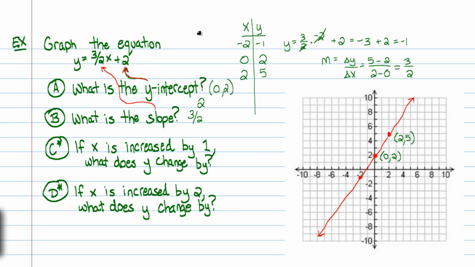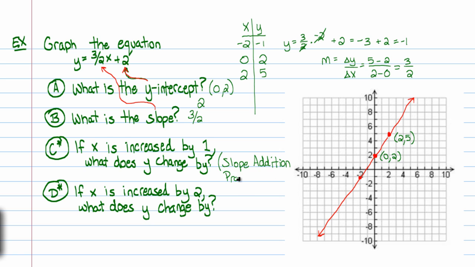Now going back to our example, I just want to mention the last two items here. If x is increased by 1, what does y change by? The reason I'm asking this question is because I think it's good to review every once in a while. If x is increased by 1, so let's say we start at x equals 0 and we go to x equals 1, what does the y value increase by? Well, recall the slope addition property that I talked about in a previous lecture.